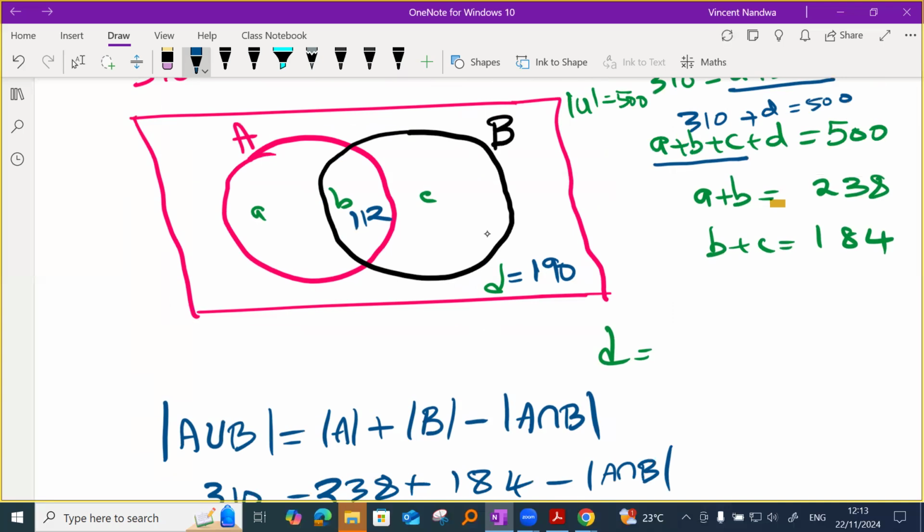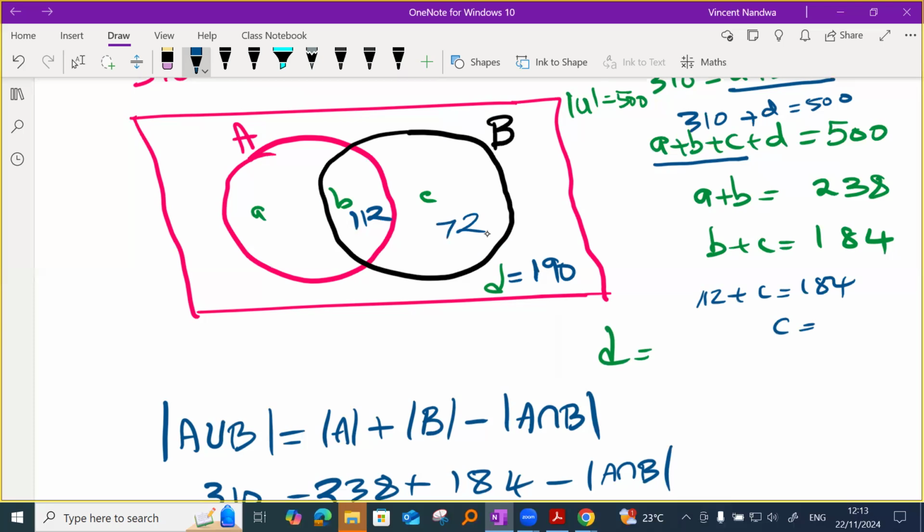Now that we know part B is 112, we can easily get A and C, because B plus C gives 184. So B, which is 112, plus C should give us 184. Can you tell me the value of C? Correct, that gives you 72. So you fill in 72.